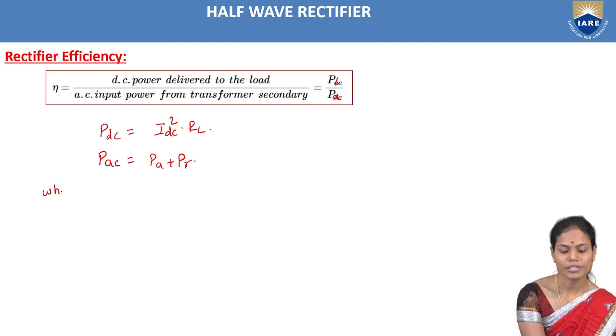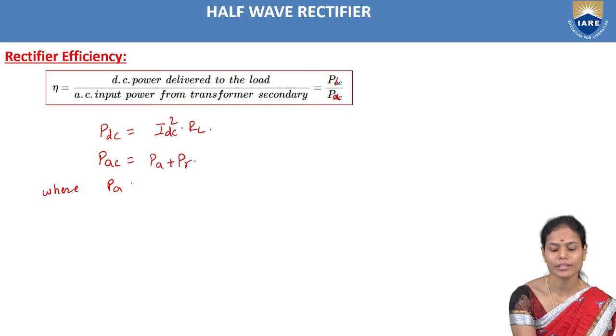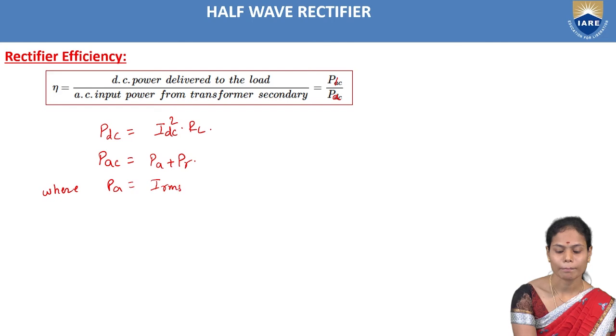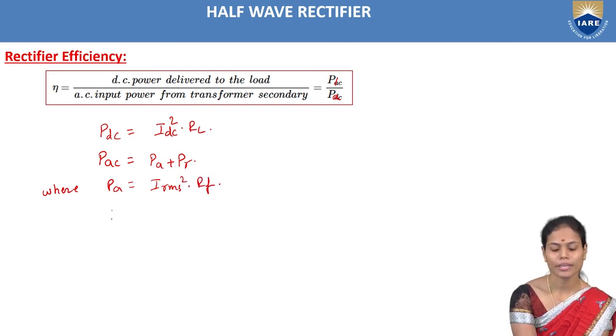What is meant by this PA and what is meant by this PR? PA is nothing but the power dissipation across the diode, that is IRMS square into RF. And similarly, PR is nothing but the power dissipation across the load resistance RL, that is IRMS square into RL.